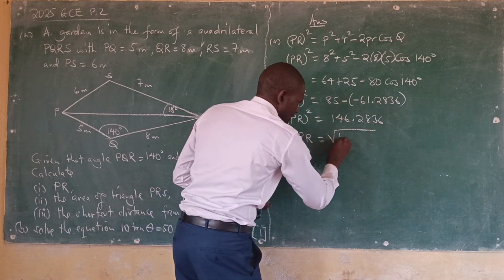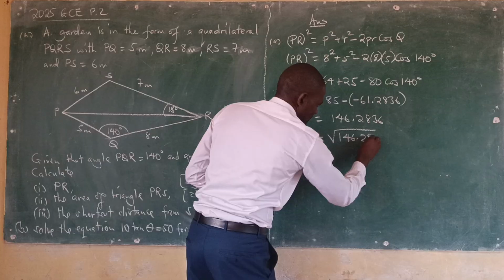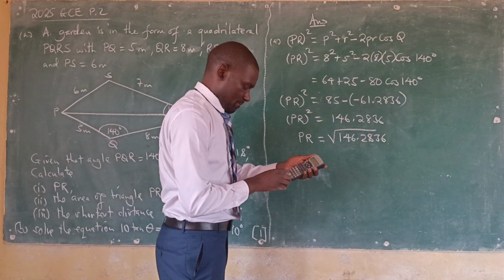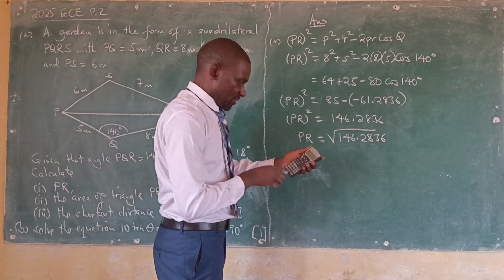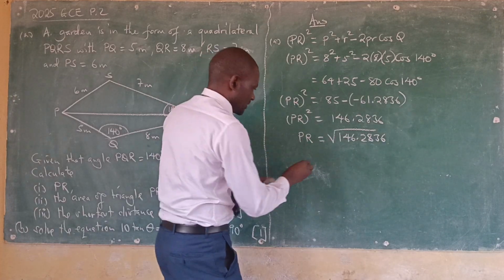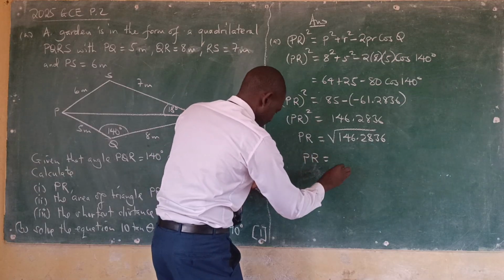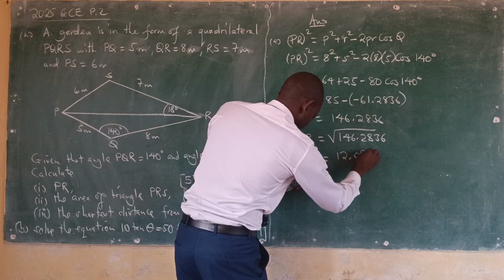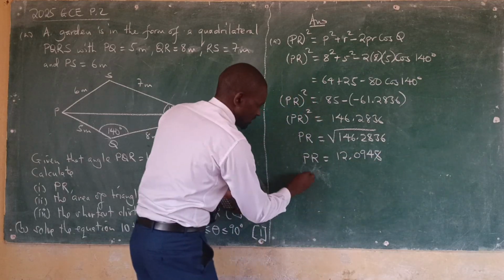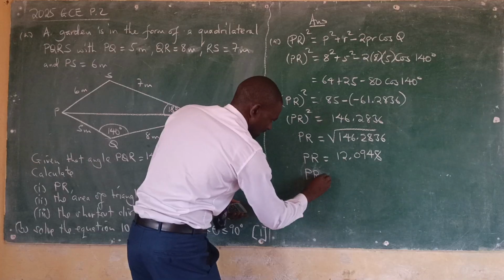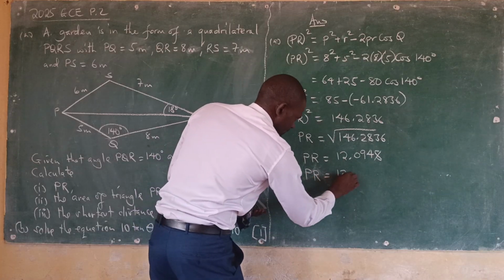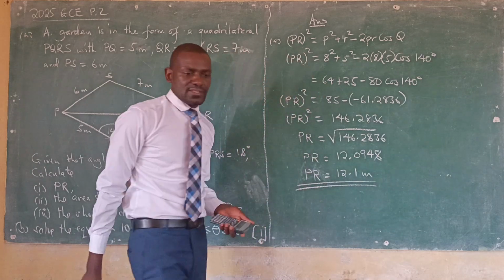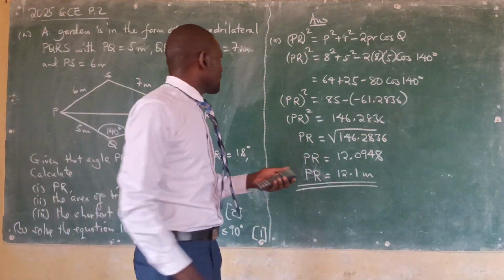So we are talking about the square root of 146.2836. And so if we get the square root of that one, PR is simply equal to 12.0948. So roughly, our PR is equal to 12.1 meters. So that is our answer for part A.